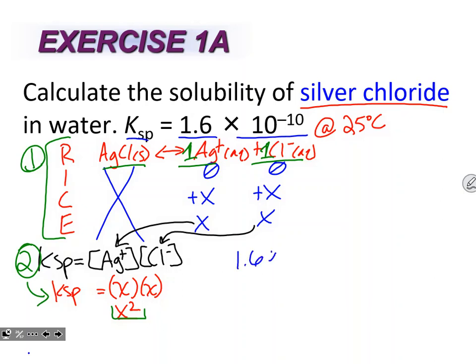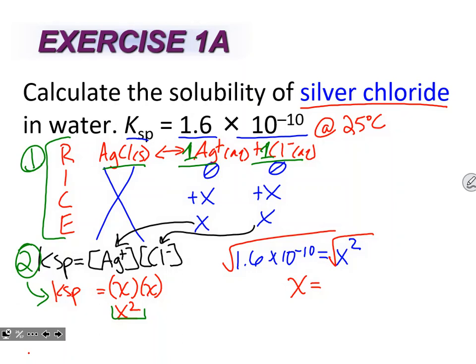So 1.6 times 10 to the minus 10 equals X squared. And all you have to do is square root both sides, and you can get your X value. The X value is always the molar solubility of the formula unit. All right?